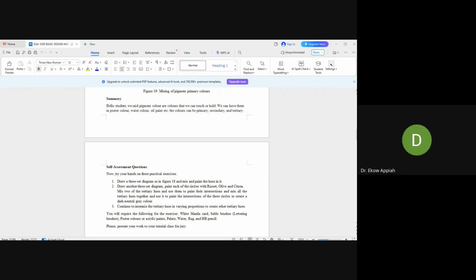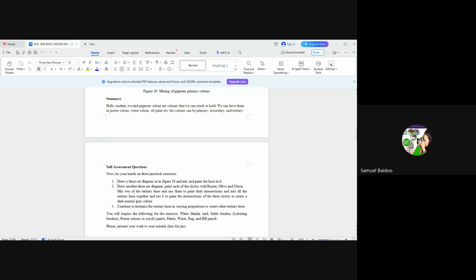All right. Let's look at something. What set of colors can you identify on the color wheel? What set of colors do you have in the color wheel? Can you mention them? Apart from primary color, what other set do you have? Secondary color.